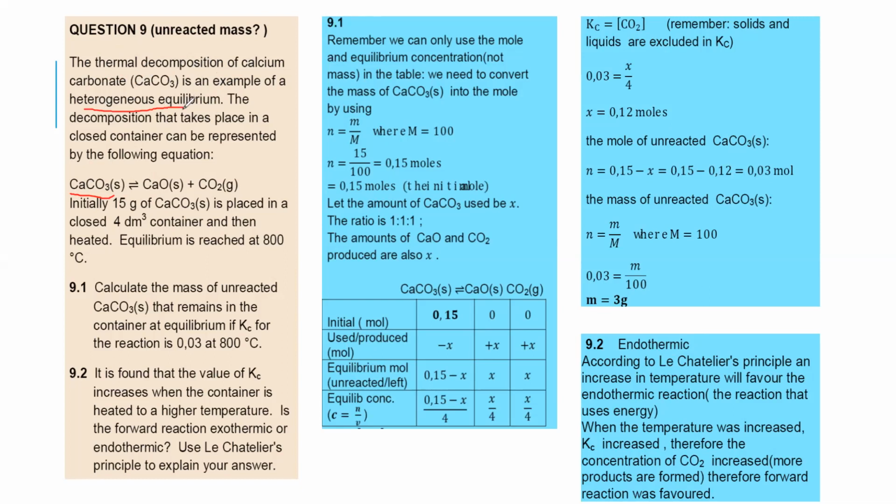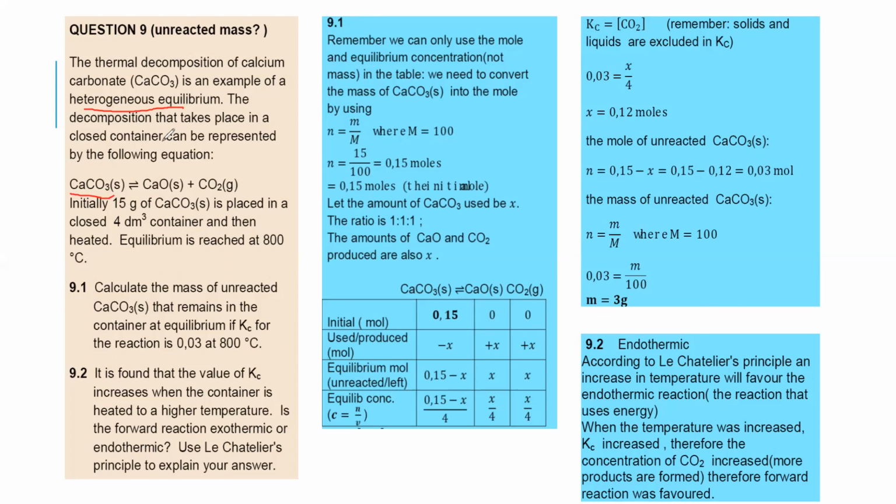Heterogeneous equilibrium means that we don't have only one state or phase of substance. If you remember the previous questions, we were having only gas, only aqueous, only solutions, only gases in the container.